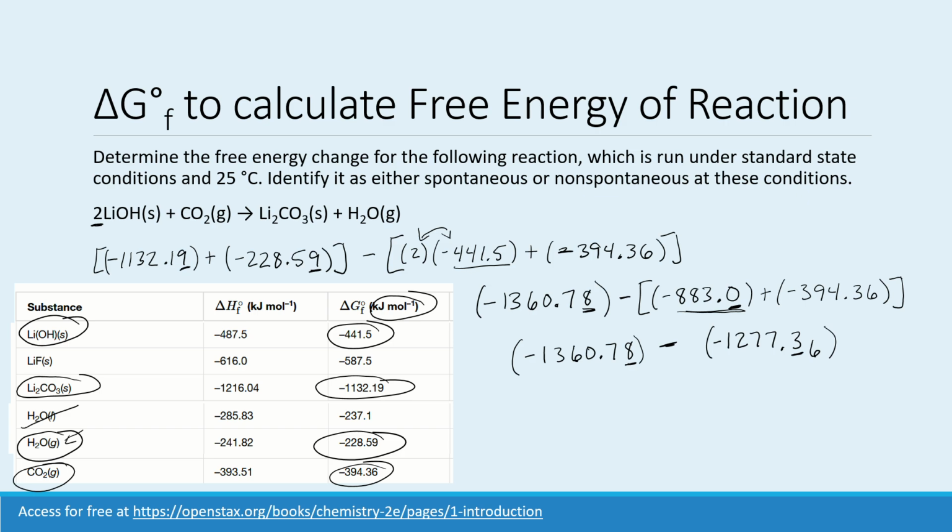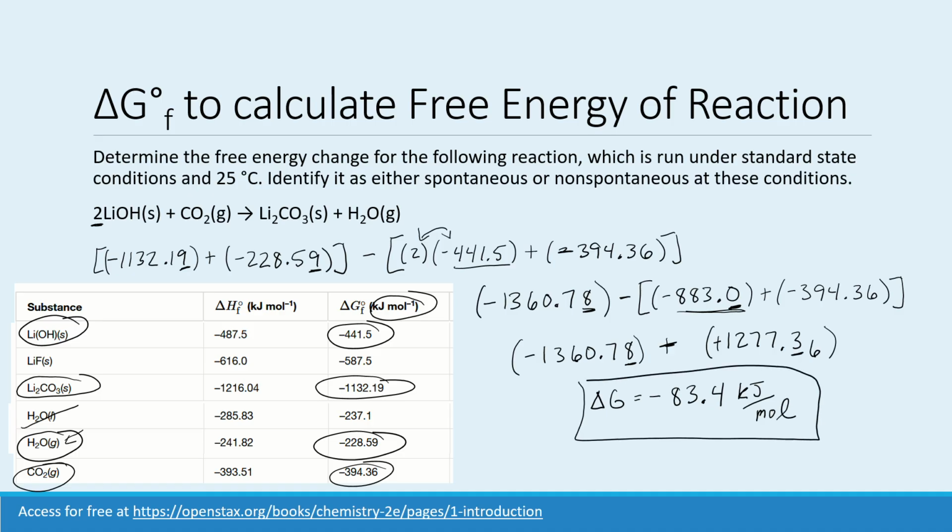Okay, and so when we're subtracting those two, that means that it should go out to the tenths place for our final answer, and you are subtracting a negative, so that becomes plus a positive, and overall you get a delta G value that's equal to negative 83.4 out to the tenths place, and that is in kilojoules or potentially kilojoules per mole, depending on what they're asking for on the units.